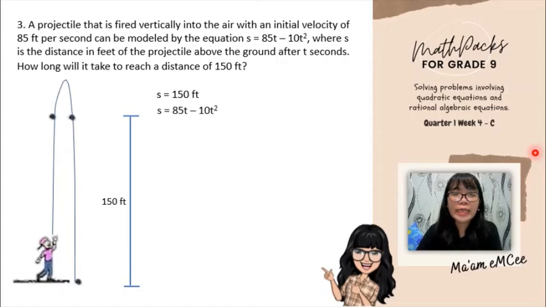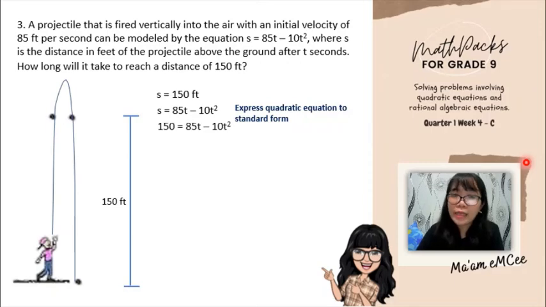So we let s be 150 feet, and s is equal to 85t minus 10t squared. This one is given. s is equal to 150 feet because we are looking for how long it will take to reach a distance of 150 feet. Before we express our quadratic equation in standard form, we need to substitute our given.